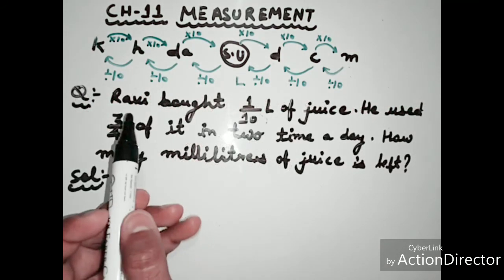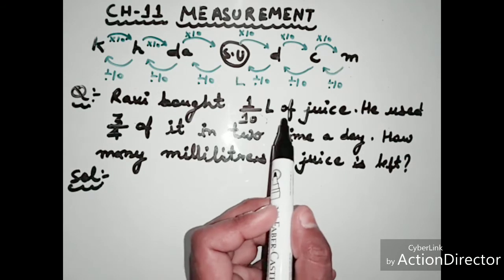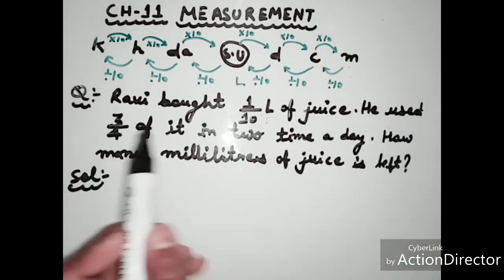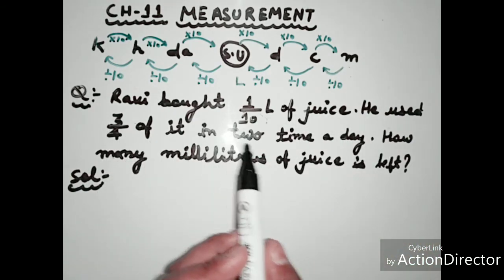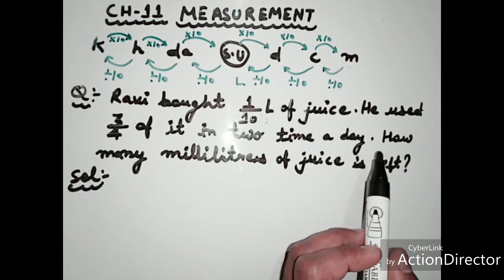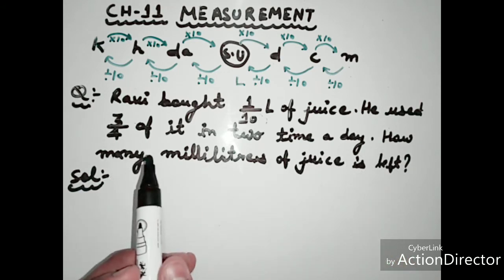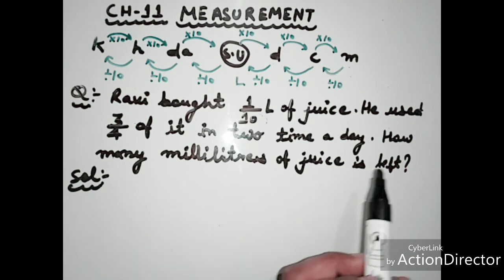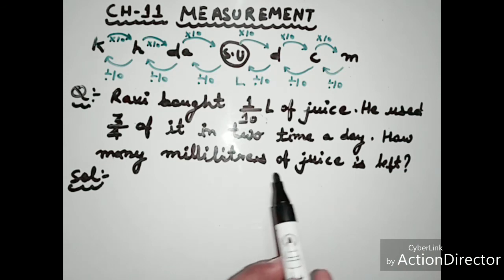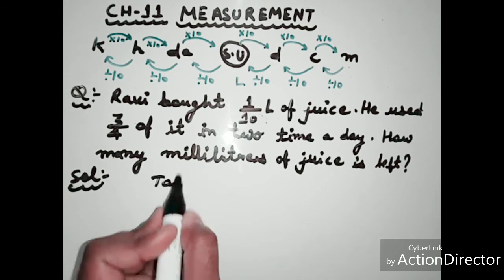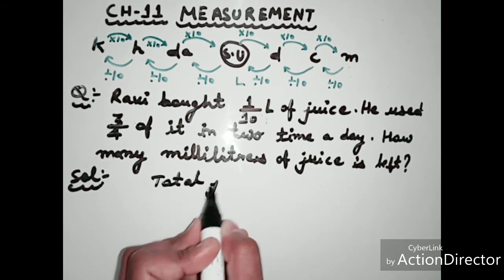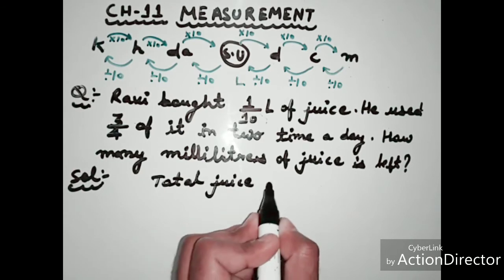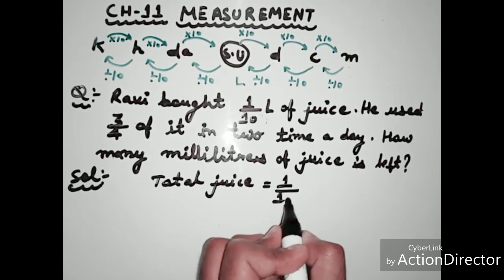Now the next example, Ravi bought 1 upon 10 liter of juice and he used 3 upon 4 of it in 2 times a day. Means he used 3 upon 4 of it in 1 day, in 2 times. How many milliliter of juice is left? So here the total quantity of juice equals 1 upon 10 liter.